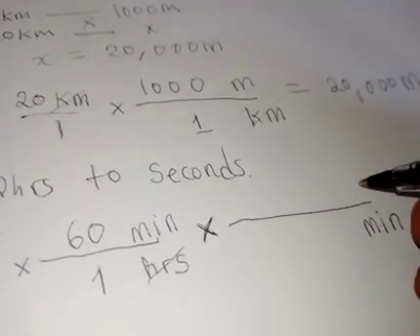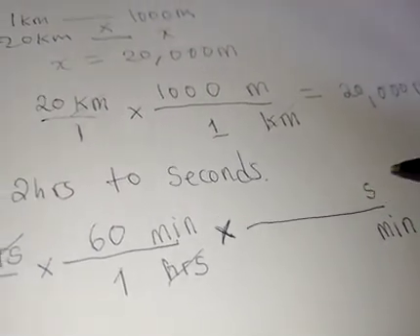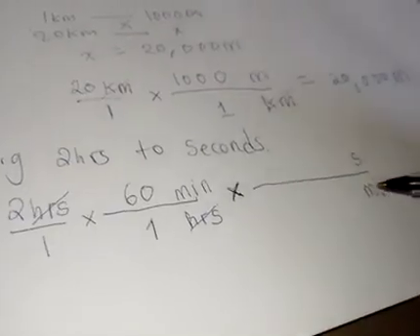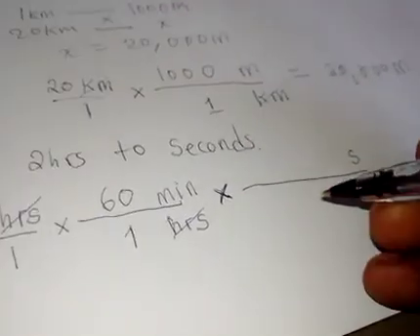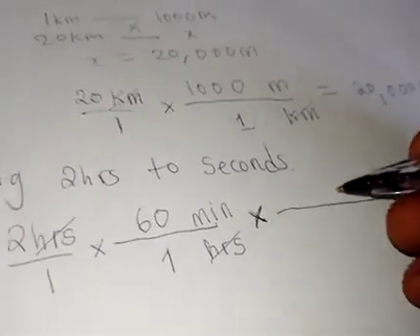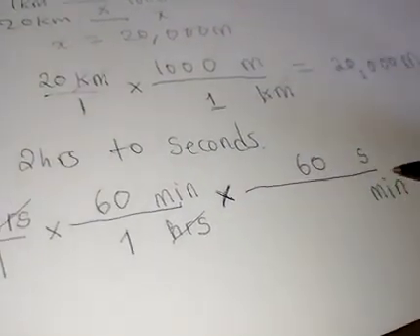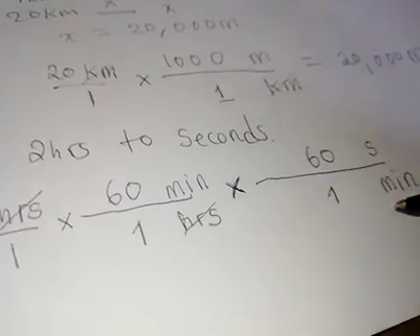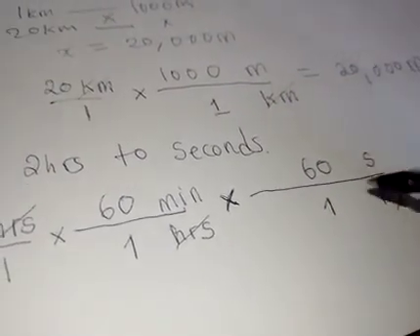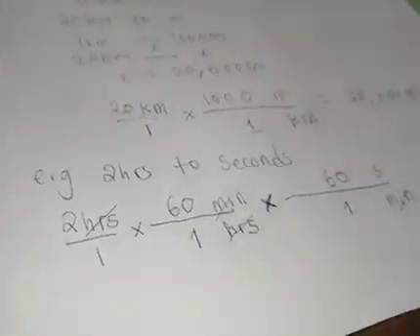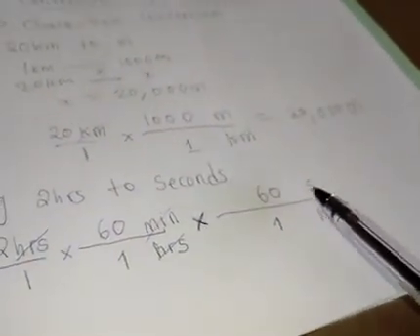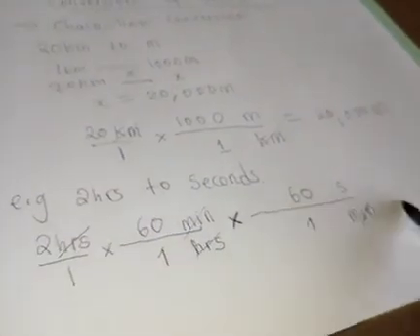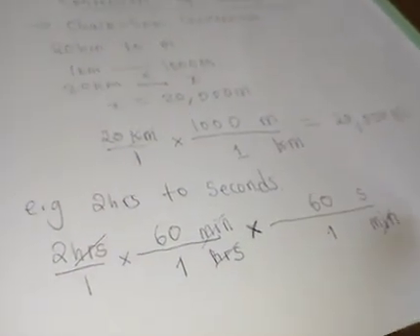Then what do we want now? We want second. Then check the relationship between minute and second. So you should have 60 seconds forming 1 minute. So that minute and minute will cancel. After that, you have only remained with what? Second. So you multiply everything you have remained with.